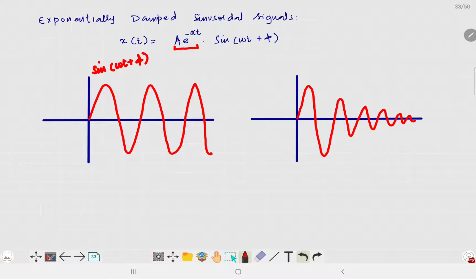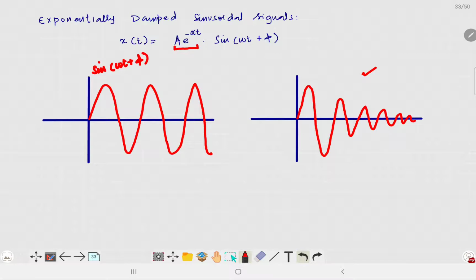Fine. So physically speaking, whenever these signals are generated by a source, there is a tendency for this to happen. This is a more practical case, because you can't have sinusoidal oscillations generated from a physical source that sustain. After some time they will die out. For example, say some bomb blast occurs at some instant.